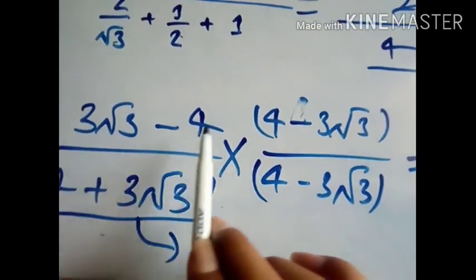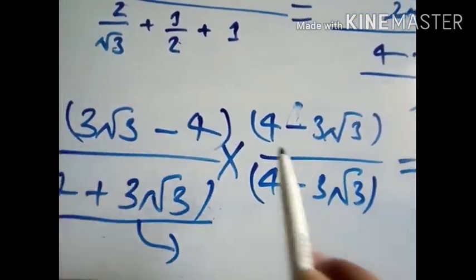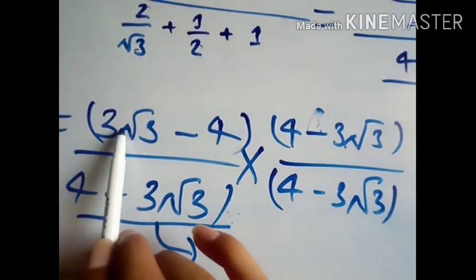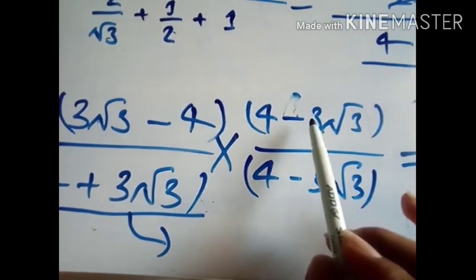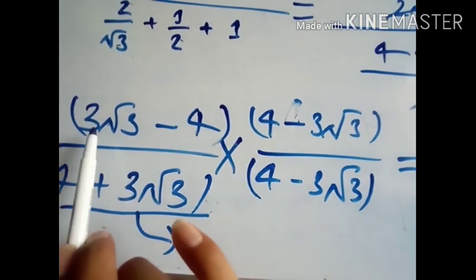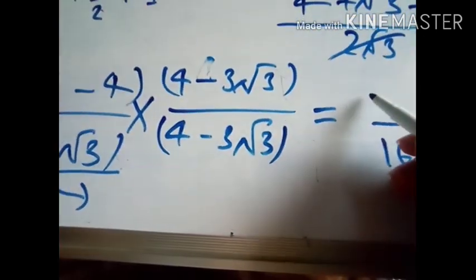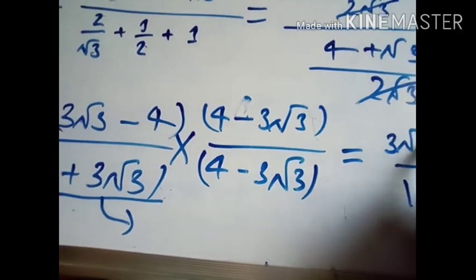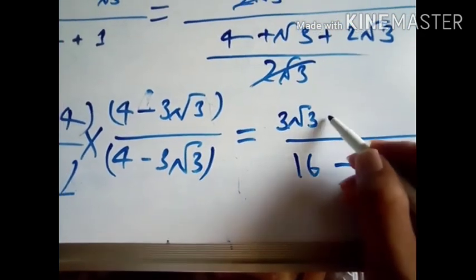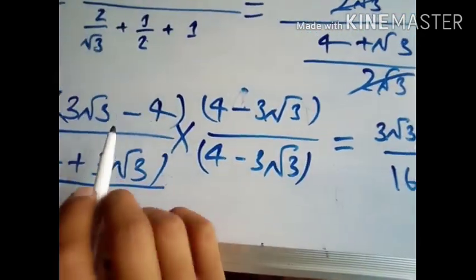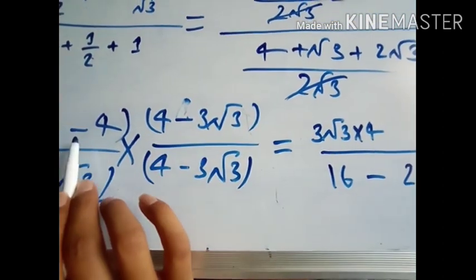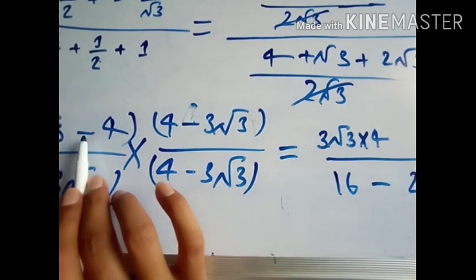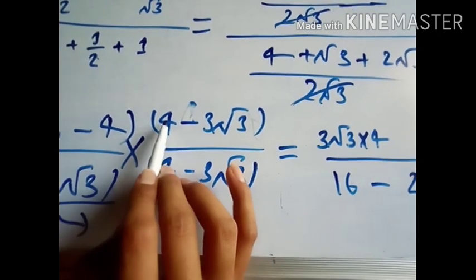3 root 3, let us put it into the bracket. Now these 2 terms will multiply with the remaining 2 terms. Let us see how to do it. First of all, we multiply 3 root 3 into 4, then there is a minus sign, and this number is multiplying with this number.